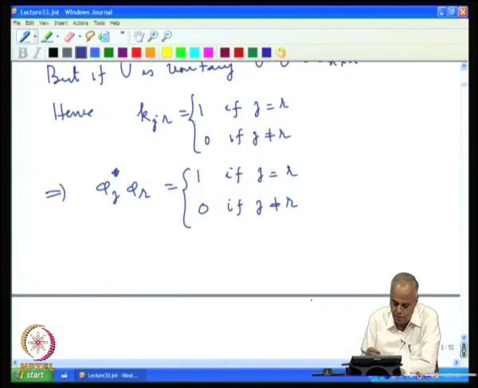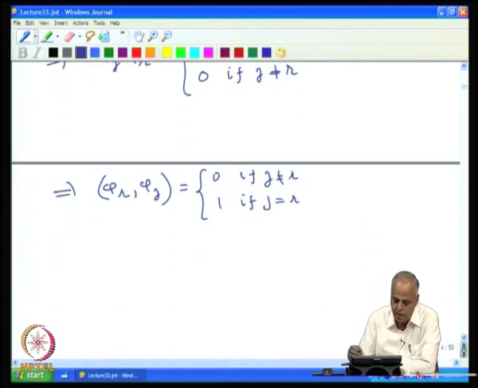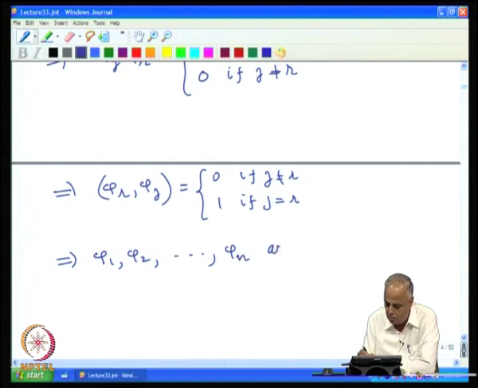This says the inner product of phi r and phi j is 0 if j is not equal to r, and 1 if j equal to r. That says phi 1, phi 2, phi n are orthonormal vectors.